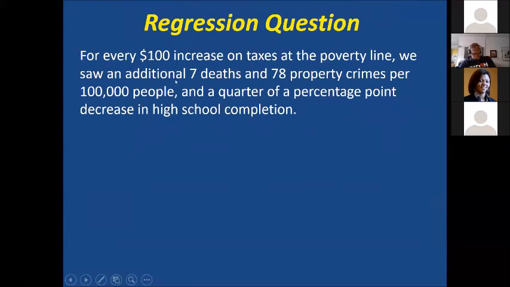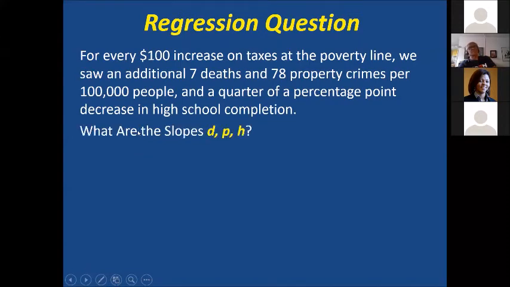So this is what they found. For every $100 increase on taxes at the poverty line, that is, they had 50 states or whatever, and they had the total tax burden in each state and various outcomes. So there was a mortality outcome, deaths per 100,000 people, or property crimes per 100,000 people, or high school completion. So what they found was that for every $100 increase, they had 7 additional deaths per 100,000, 78 additional property crimes per 100,000, and a 1/4 percentage point decrease in high school completion.